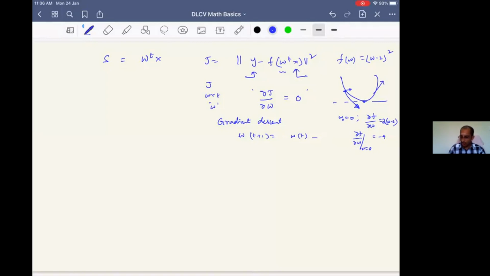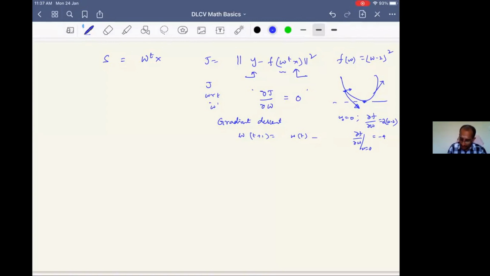Since the gradient is negative, I will move in the forward direction. How much should I move? I can decide based on how fast I would like to move to the minimum, or how stably I can move to it.